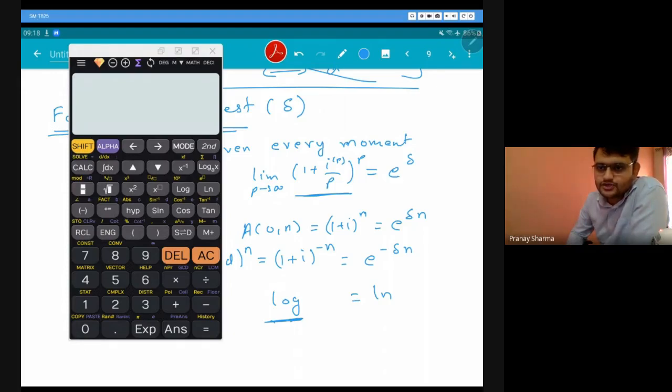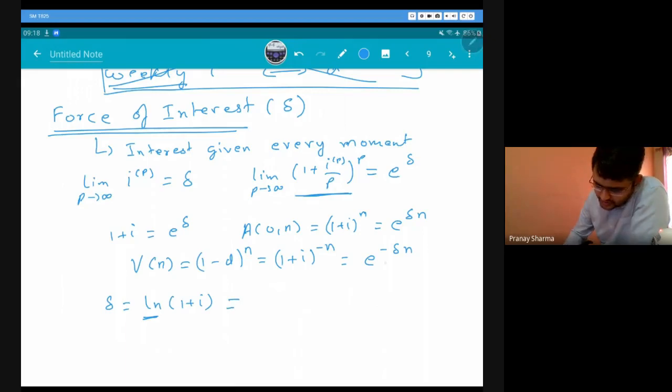Subconsciously I used to press this log, but in actuality I should be pressing ln, that is log to the base e. That is why I started writing ln instead of log. If you write log, not a big problem. If you see log, that is log to the base e. If you see ln, that is log to the base e.